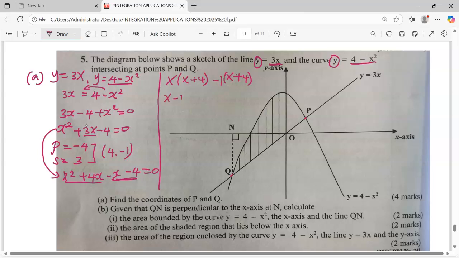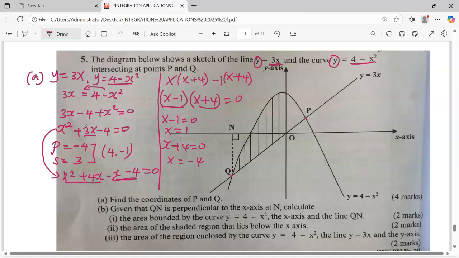So we are going to have x minus 1 and x plus 4 being equal to 0. So x minus 1 is equal to 0, meaning the value of x is going to be 1. Also, x plus 4 is equal to 0, then x is going to be negative 4.